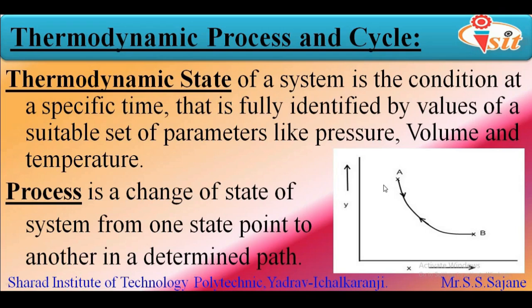For determining a thermodynamic state, a minimum of 2 thermodynamic properties are essential. In this figure, the system is changing from one state, state A, to another state, state B, along some definite path. So this curve A to B is what we call a thermodynamic process.